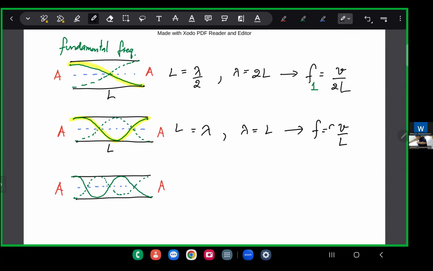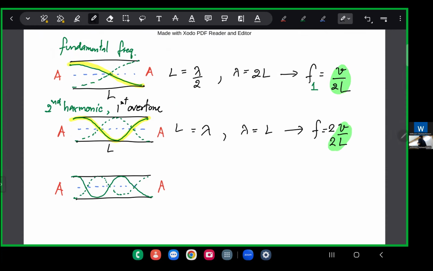I can multiply by 2 divided by 2, so I can recognize that v over 2L is our fundamental frequency. So this time, your frequency in this mode is twice the frequency of the fundamental. So you can just call this the second harmonic. Or you know, this is your first overtone. It's the next tone that is over from the fundamental.